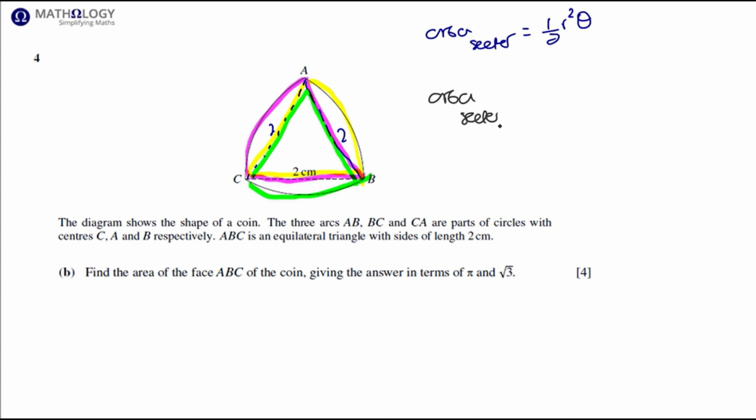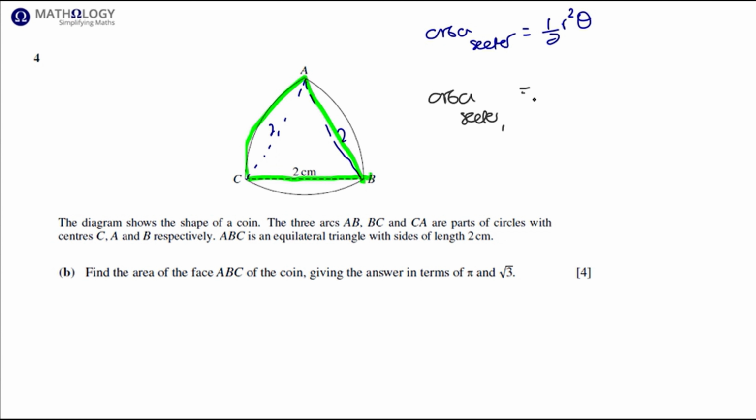So we're going to start with the area of sector, let's call it sector 1. Let's just take all these markings off. So we'll start with this sector over here.